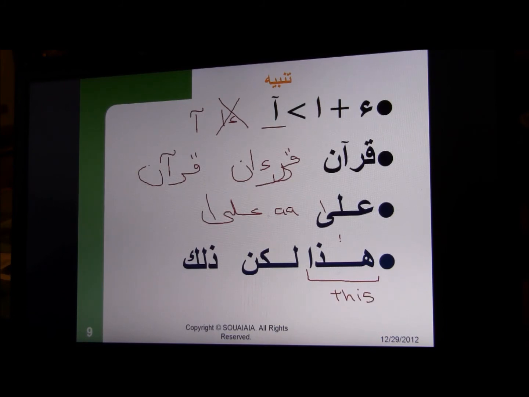Although it doesn't have an alif, when you pronounce it, it's as if there is an alif right there. The same thing with lakin, however, and with dhalika, that. As if there is an alif here, here, and here, but they're never written.